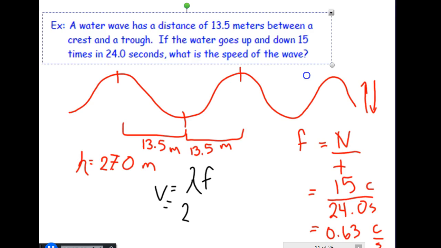The distance between 2 crests is 27.0 meters, and you have 0.63 waves every second. If you multiply those two numbers together, you'll calculate how fast that wave is actually moving.